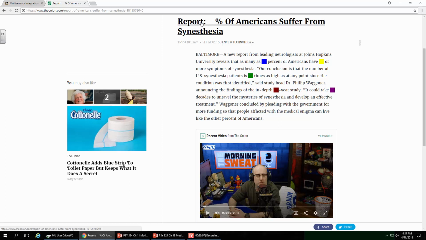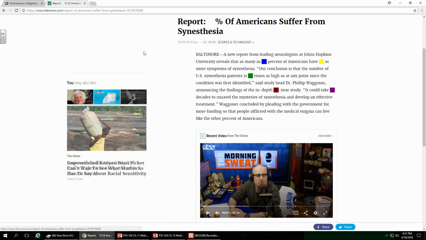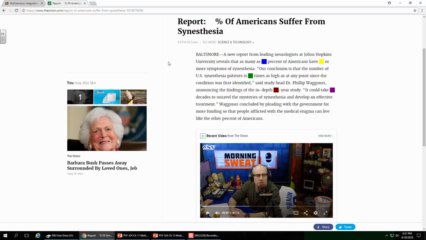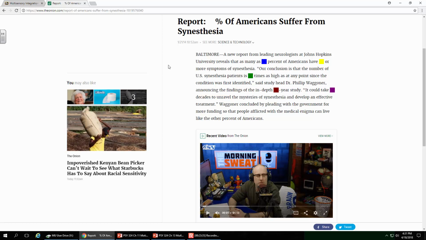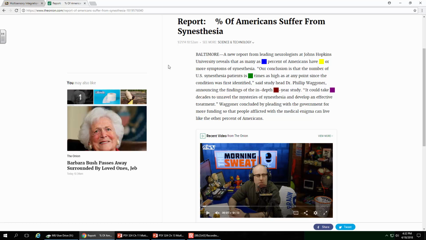Report: percent of Americans suffer from synesthesia. It's really interesting. As I said, many people who have synesthesia perceive letters or numbers in particular sequences as blocks of color or bits of color. And so here, every time they have indicated a number, they've replaced that with a color swatch, which I think was really brilliant on the folks who wrote this, because it shows some deeper knowledge than your average person, right? About what synesthesia is, the most common form of synesthesia.